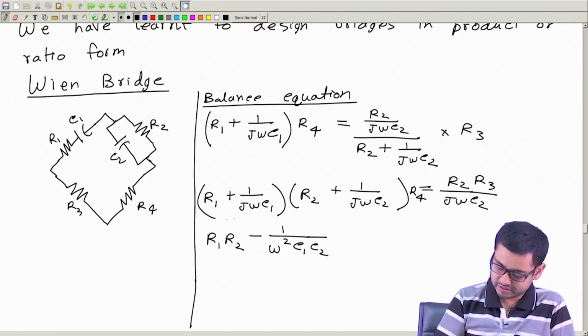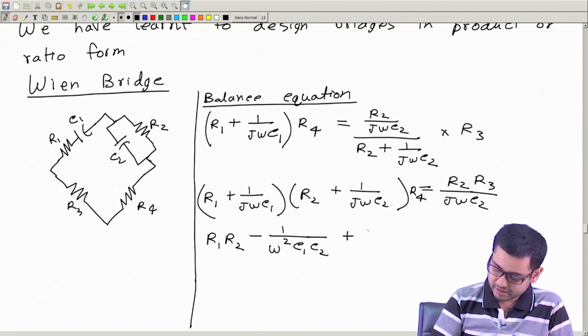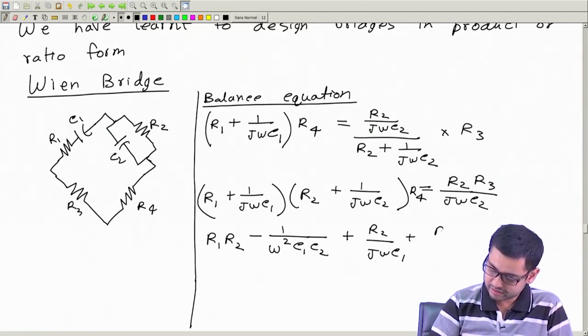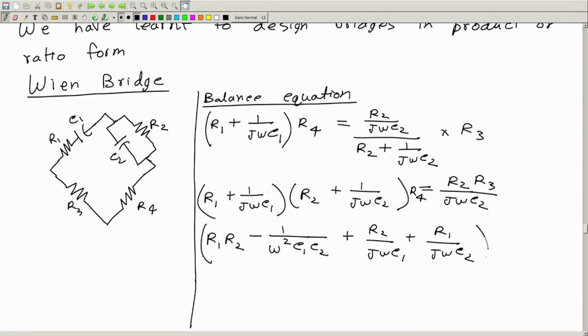So, this is the real part, and then I will have the imaginary part as R2 by j omega C1 plus R1 by j omega C2 whole multiplied by R4, and the right hand side is R2 R3 by j omega C2. Right hand side is purely imaginary, left hand side is a combination of real and imaginary.